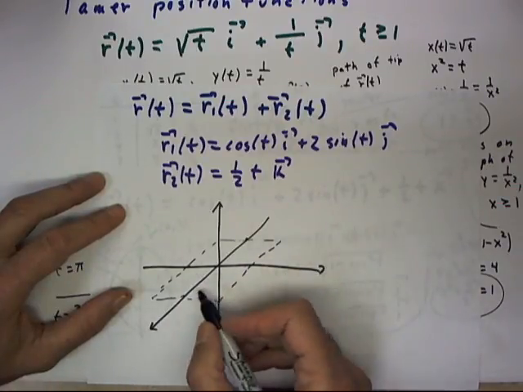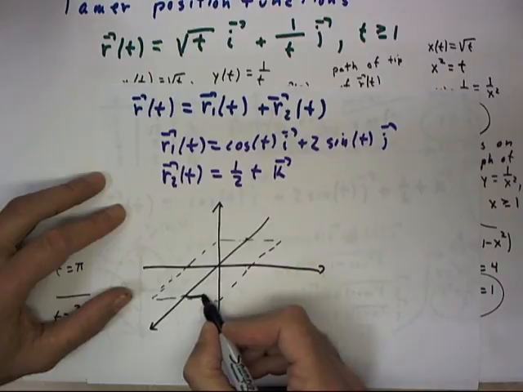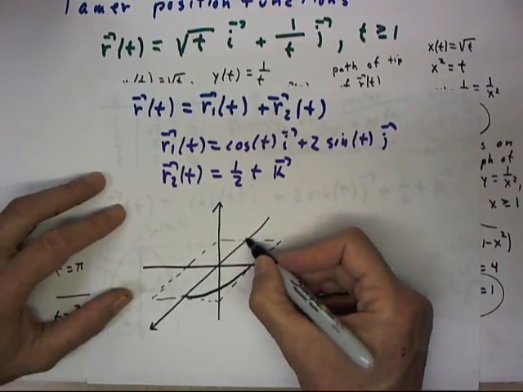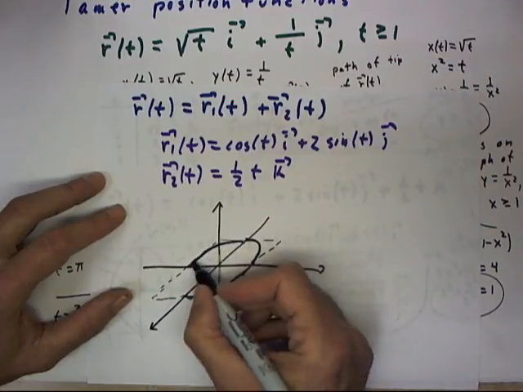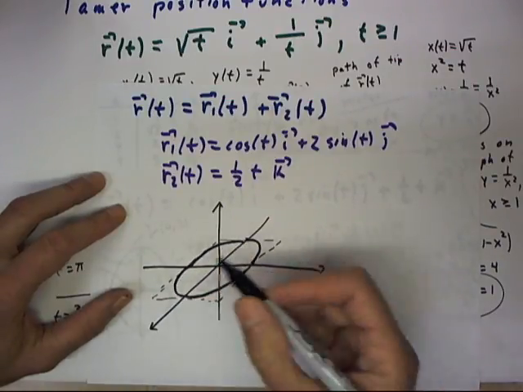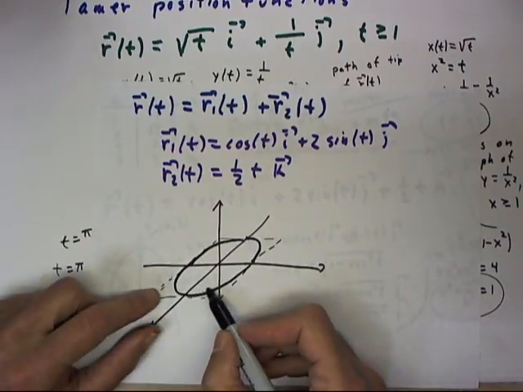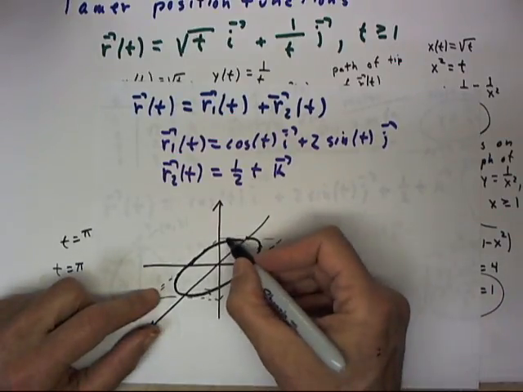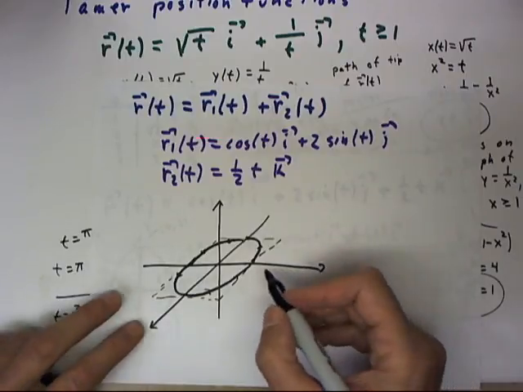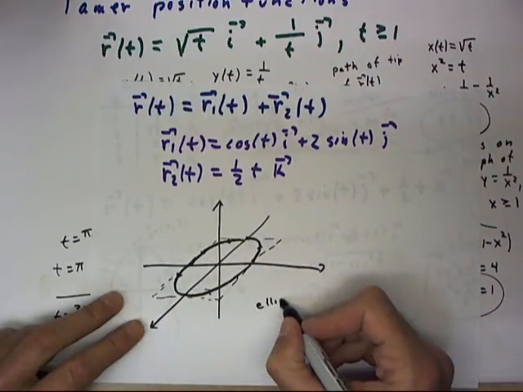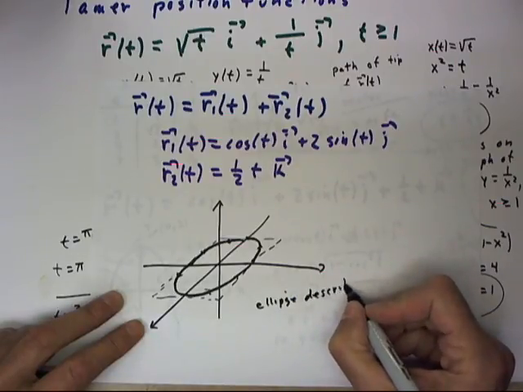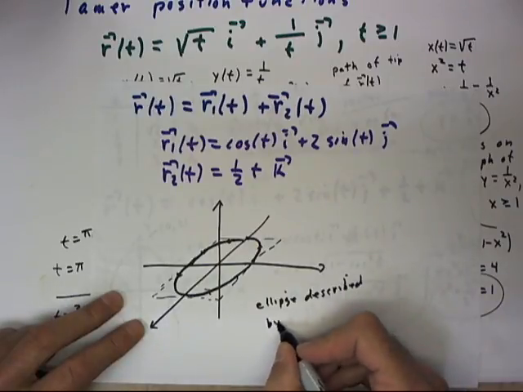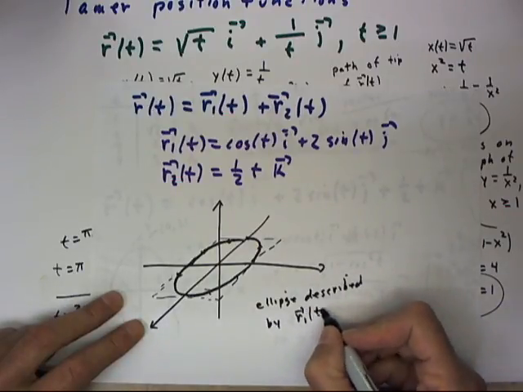And if we start, I've elongated this ellipse in the wrong direction, but we're going to use it to represent our function anyway. Okay, we move along this ellipse in the counterclockwise direction, and this is the ellipse described by r1 of t.